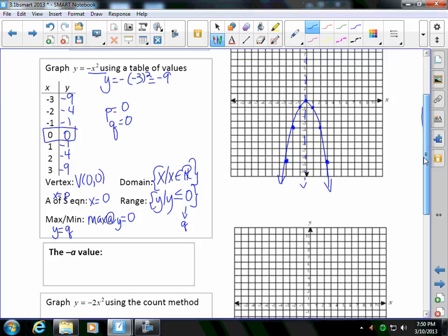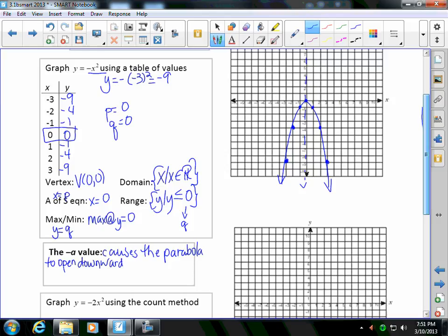That negative a value causes the parabola to open downward. A positive a value, like we saw in all the other examples, made our graph go up.